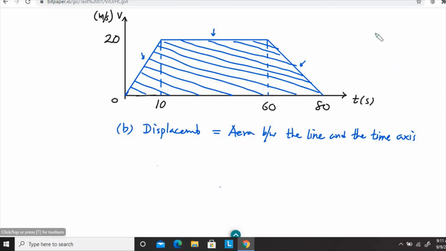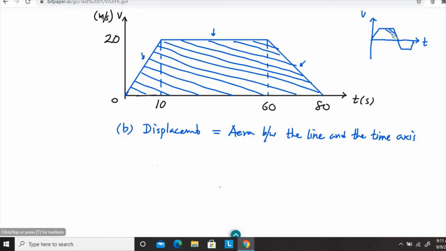Before doing this problem, I'll just give you an idea about another type. Let's say that we have a velocity versus time graph like this. So there's a negative axis for velocity. We have the same pattern, and now there's a part going towards the negative side of the velocity axis. So what would be the total displacement for this entire time period?